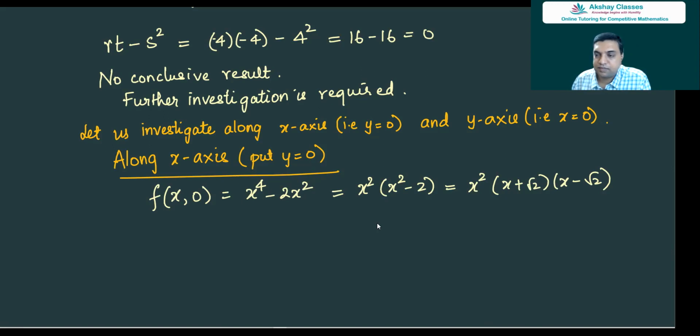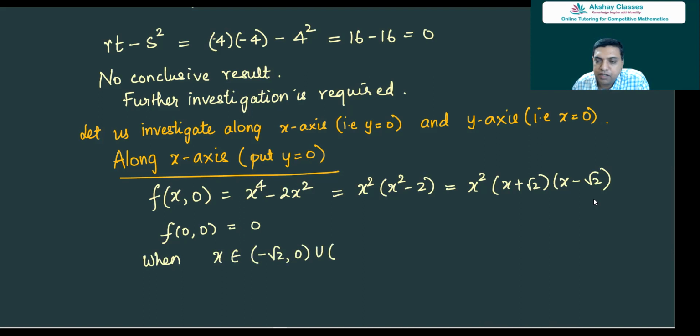Now, f of 0, 0 is equal to 0. And in the neighborhood of 0, when x lies between minus root 2 to 0 union 0 to root 2, f of x comma 0 will be negative.